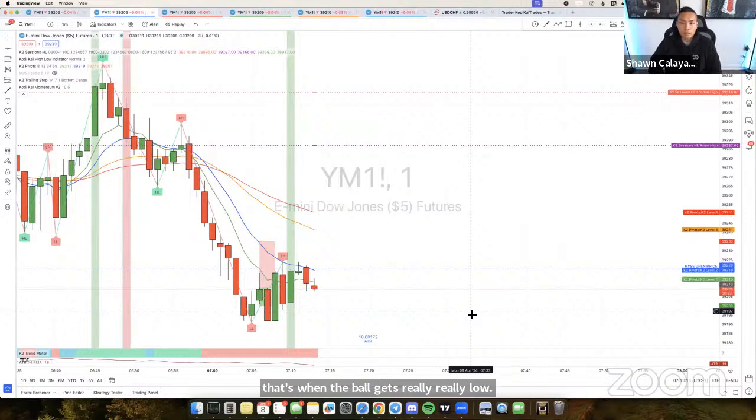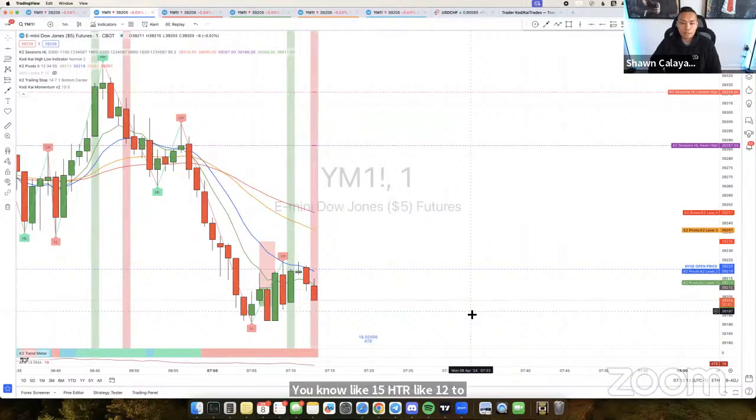Like 12 to 15 ATR is fine, but once it gets closer to 7:40, the ATR drops under 10 or stays around 10. And it's usually not a good area to be trading in because it's going to be going very sideways for an extended period.